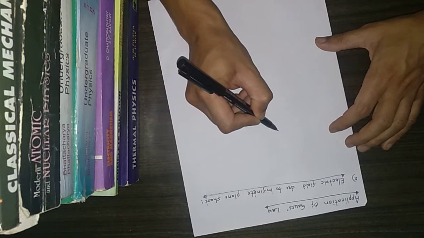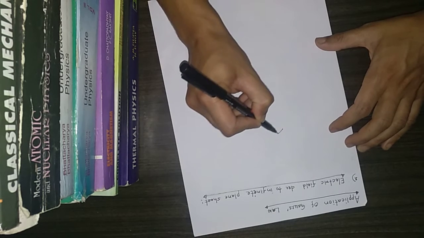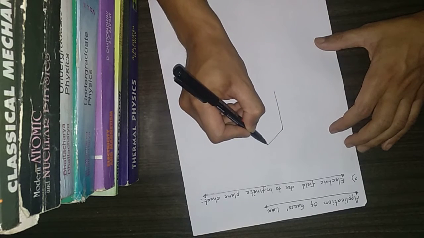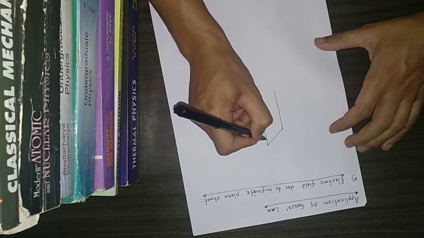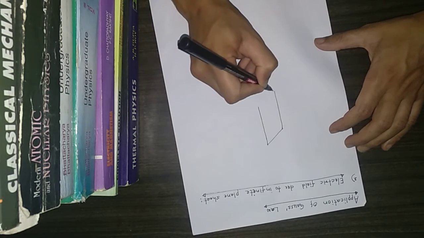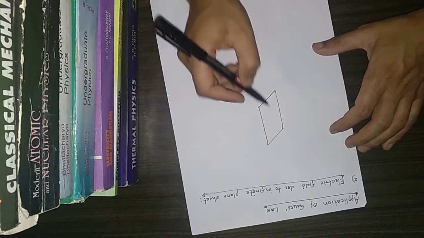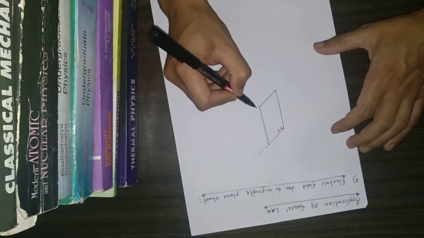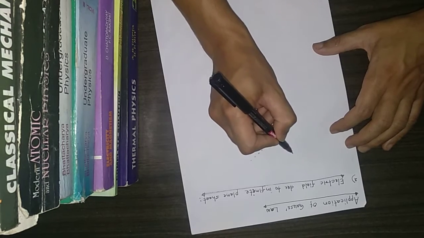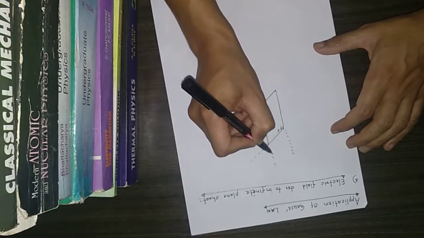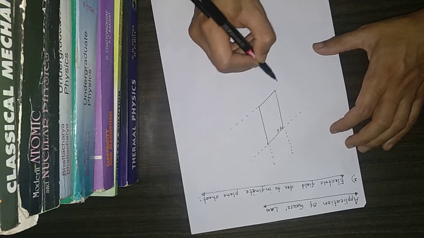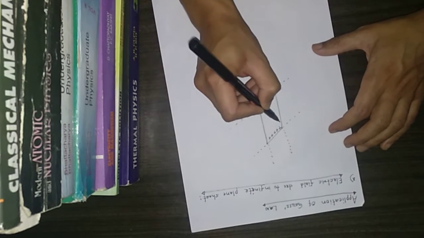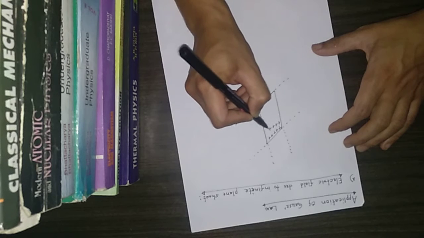So I'm drawing the plane sheet here. This is my, let us take, infinitely long plane sheet, and let us take it is uniformly charged.